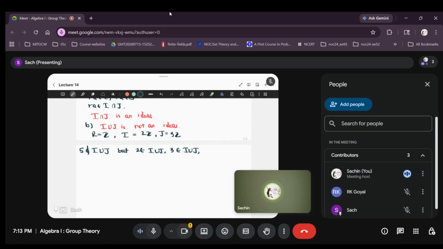So I union J would not be an ideal, but what if you wanted to construct an ideal with I and J, similar to how you can take the sum of all vectors on both the lines.